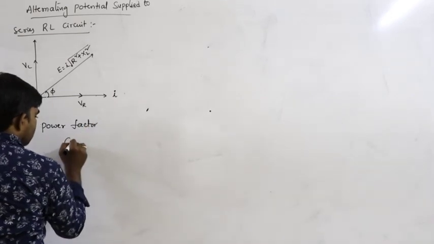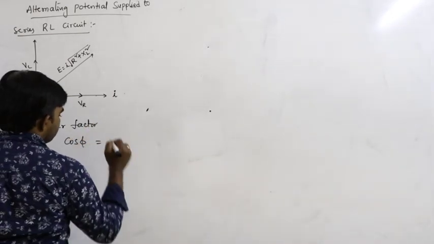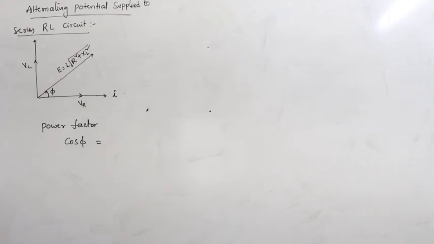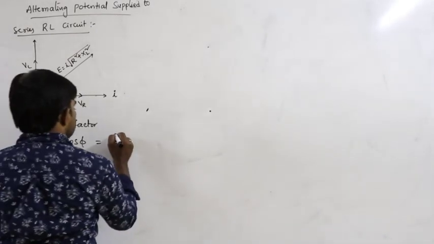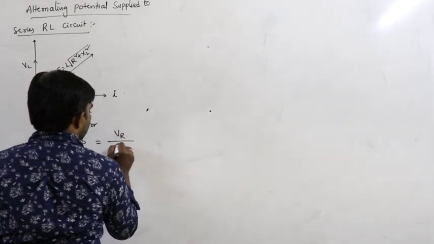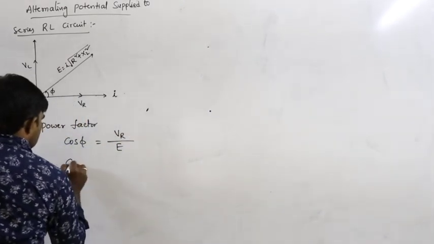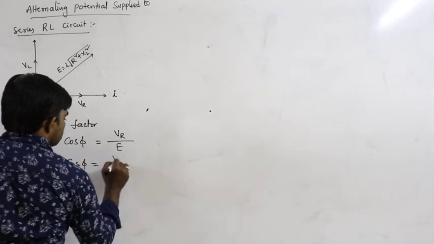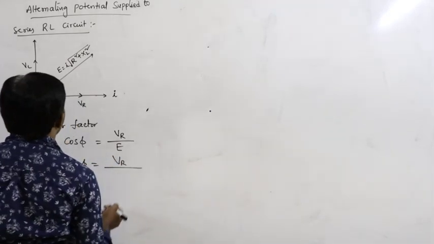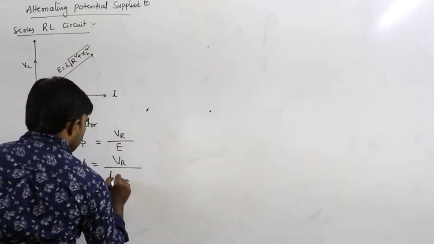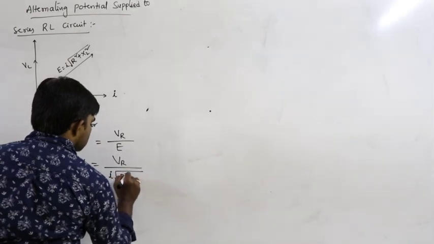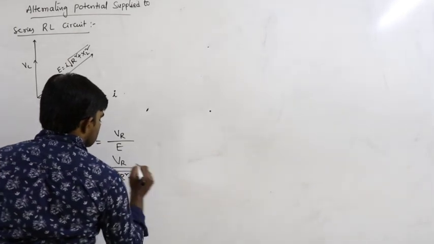What is power factor? Cos phi. Power factor is nothing but cos phi. What is the cos phi formula? Adjacent side by hypotenuse. VR divided by E net. Cos phi is equal to VR divided by E net, which is I into square root of R square plus XL square.